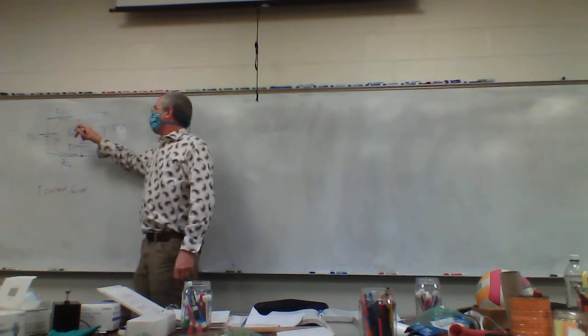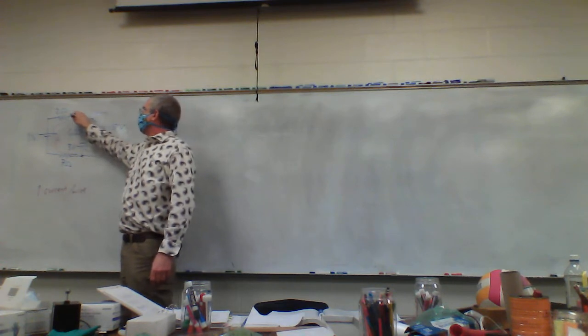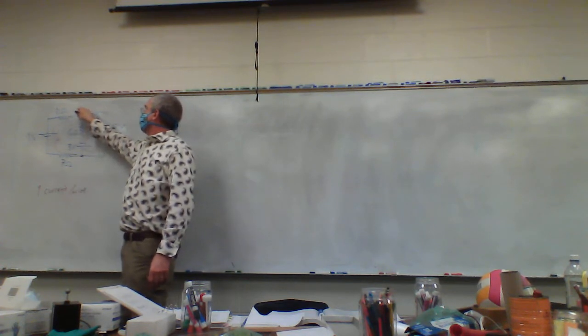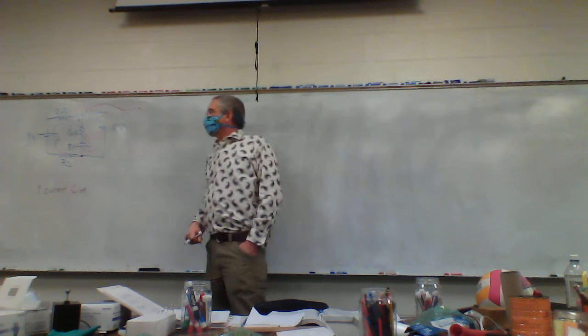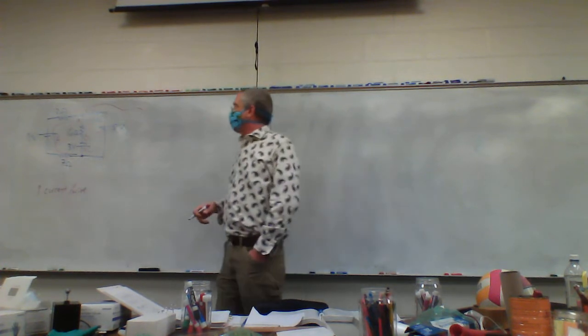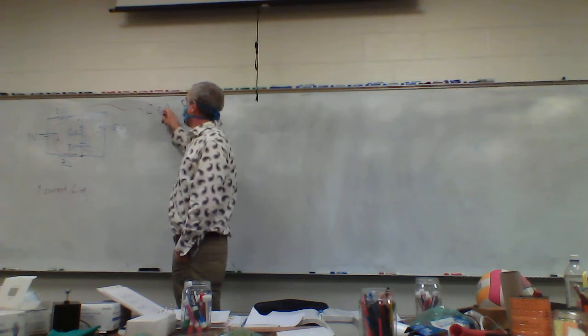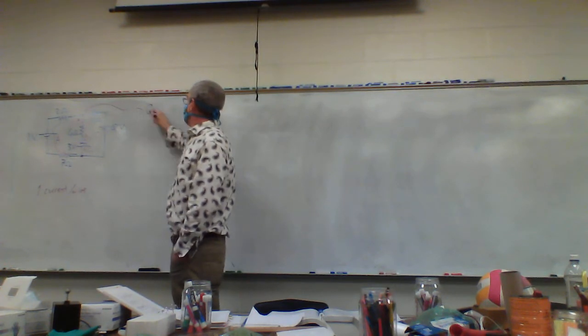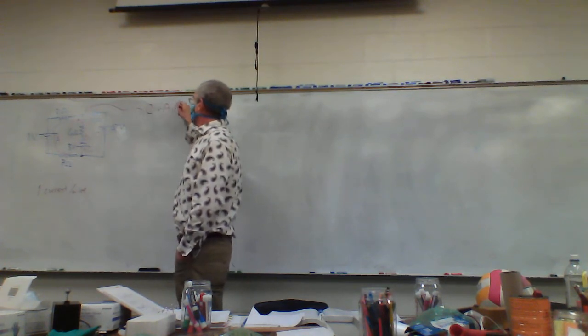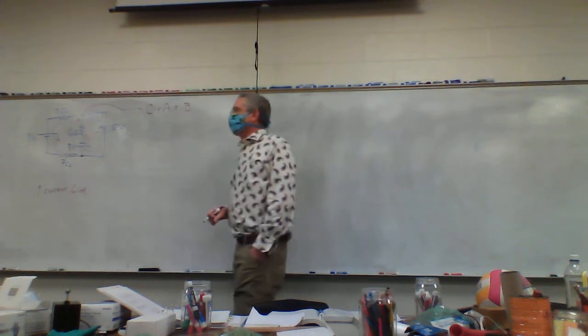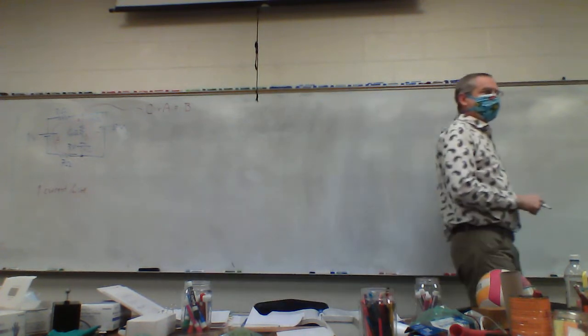I don't care which junction you pick. I usually pick the top one. Current flowing in is equal to the current flowing out. C and A are flowing in, and what's flowing out is B. There's one of my equations right there.